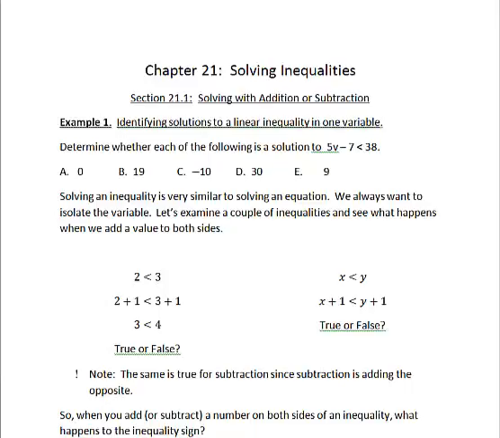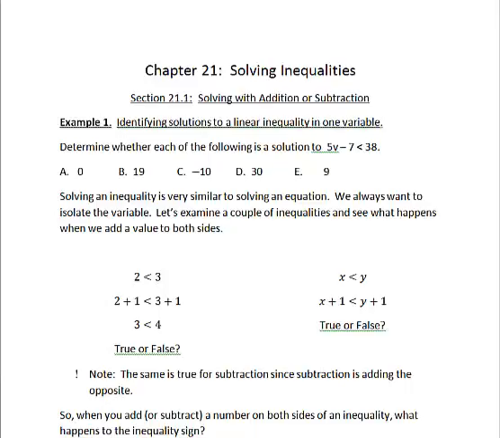Example 1 wants us to determine whether the following numbers are solutions to the inequality. And that's one thing that you need to realize about inequalities from the start, is that a lot of times when dealing with equations, we end up with one solution, okay?